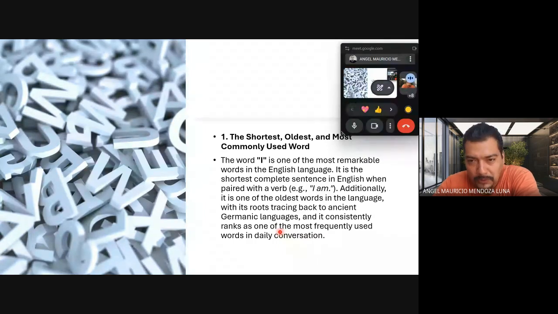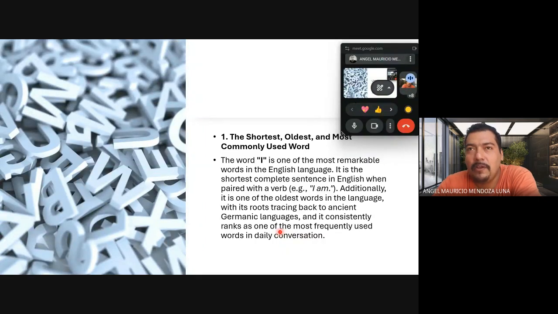It is the shortest complete sentence in English when paired with the verb, which is I am, right? Additionally, it is one of the oldest words in the language, with its roots tracing back to ancient Germanic languages. And it consistently ranks as one of the most frequently used words in daily conversation.